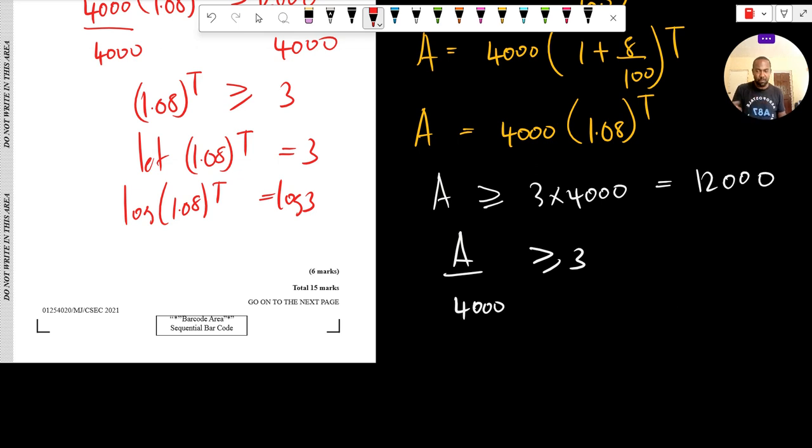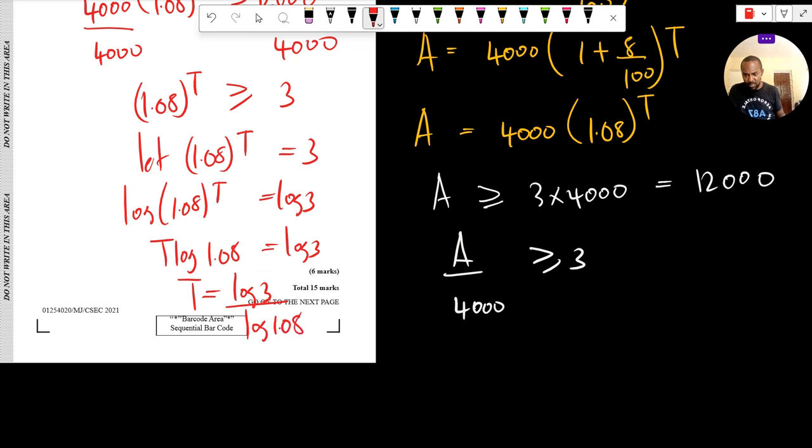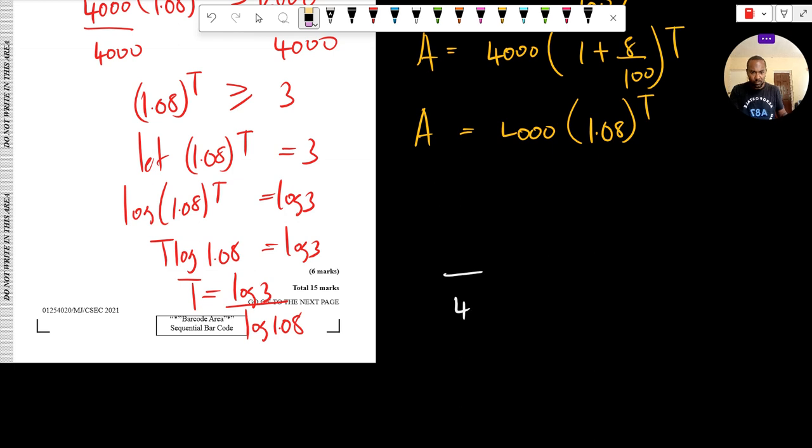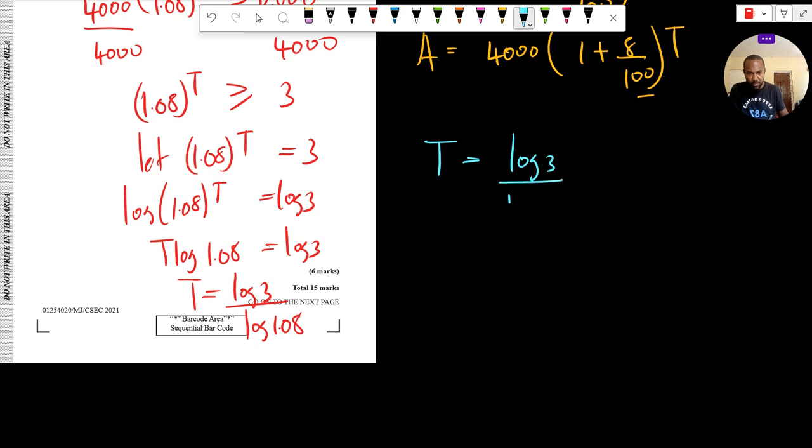And of course, we're taking logs to the base 10, and therefore this means that T log 1.08 is equal to log 3, and therefore T is equal to log 3 divided by log of 1.08. Let's go ahead and work that out.